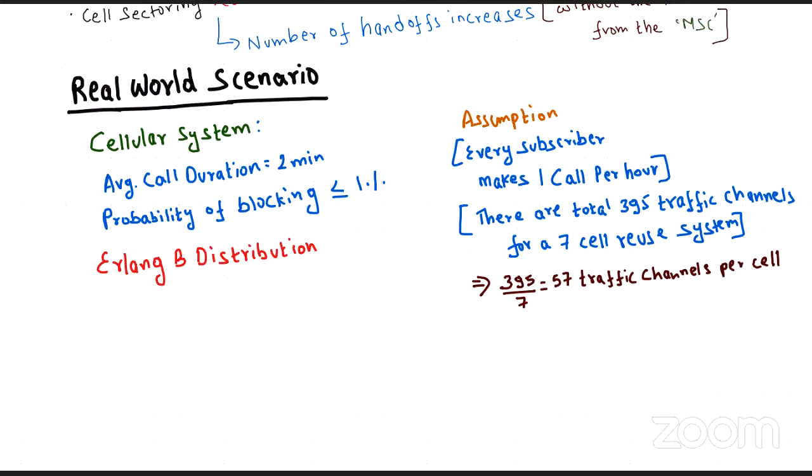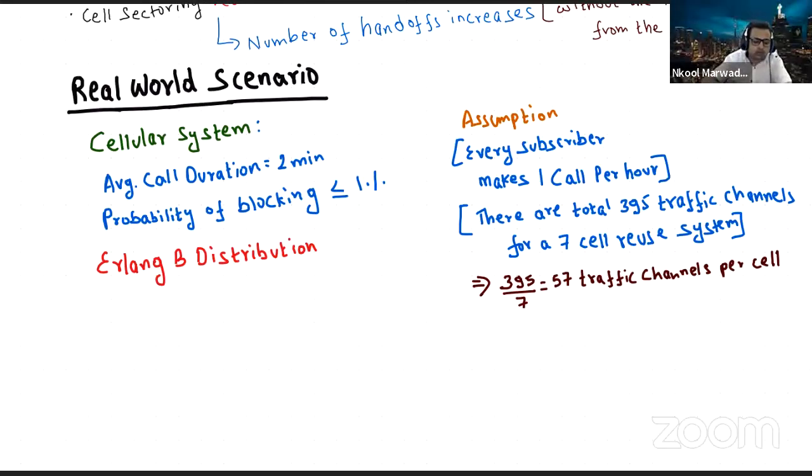We have one graph for Erlang B, we will discuss that later on. But now assume that we have an Erlang B distribution, and we use it because we are considering the probability of blocking to be less than 1%. For whatever parameters we have, according to the Erlang B distribution, we get a result of 1326 calls per hour.